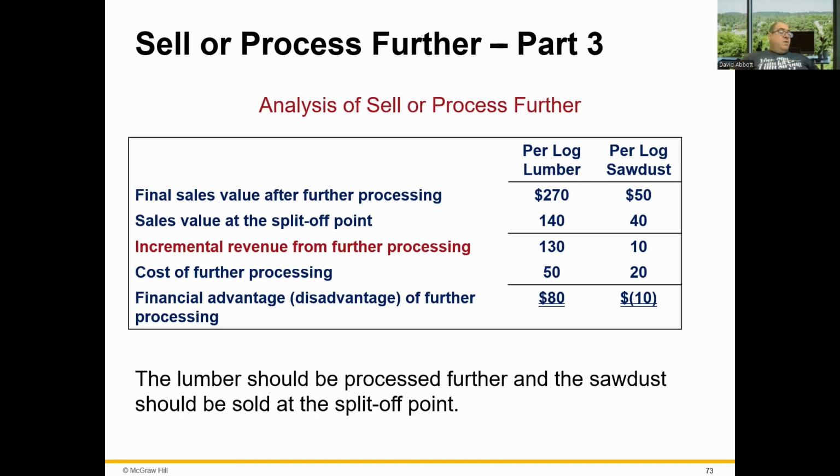The incremental revenue from further processing of the lumber into finished lumber and the sawdust into presto logs is $130 and $10 respectively. The financial advantage of further processing is $80 for the lumber and minus $10 for the sawdust. The lumber should be processed further, and the sawdust should be sold at the split-off point.